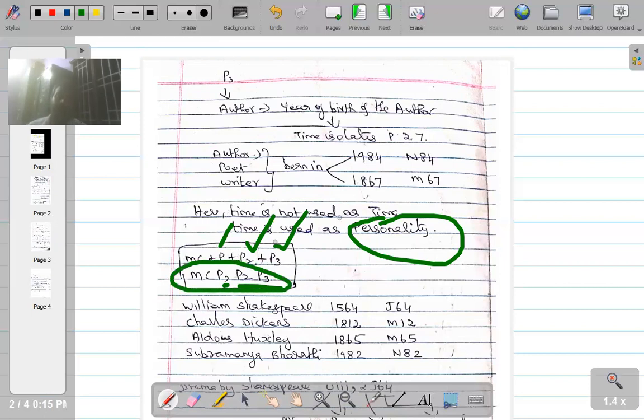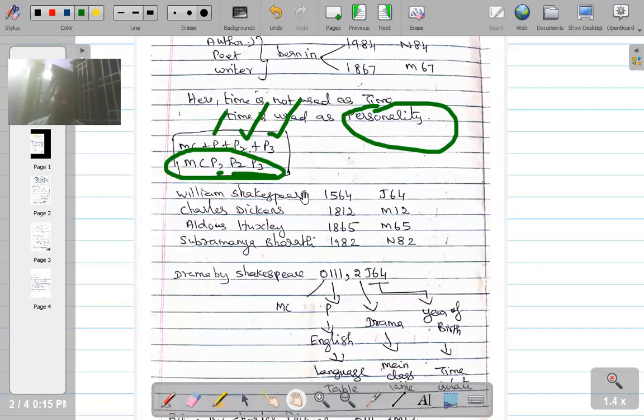For example, let us see how you convert the year of birth of the author into time isolates, which will be used as personality in the main class O literature.